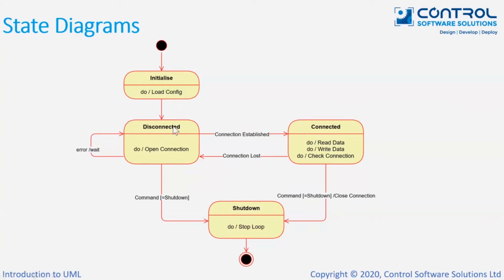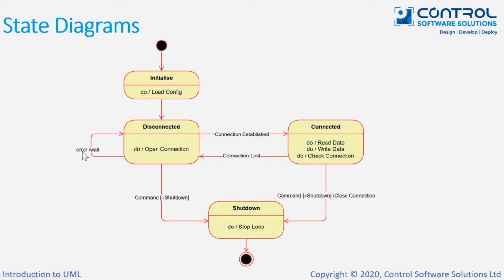So in the disconnected state, I'm going to attempt to open a connection. So I'm going to do open connection. And there's 2 results from there. One is that there's an error, or there's a connection established. So if there's an error, I'm going to loop. I'm going to stay effectively in the disconnected state. So I don't really have to show this transition, but I wanted to show it to show the behavior.